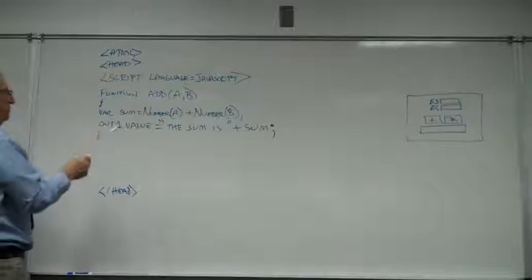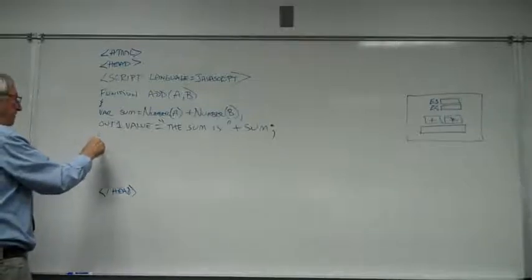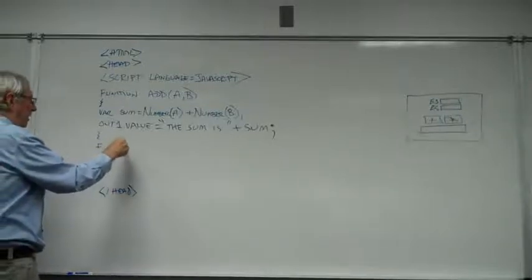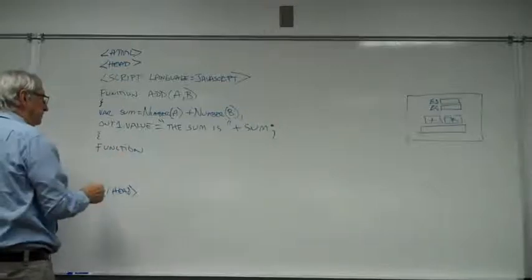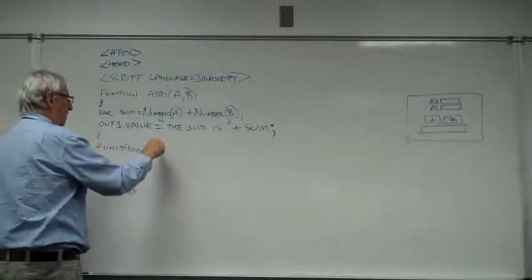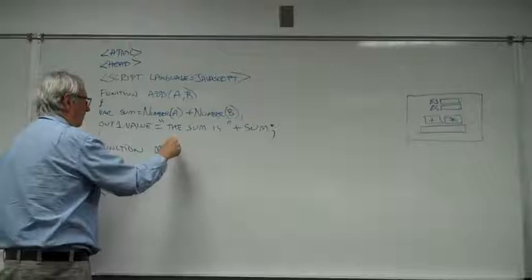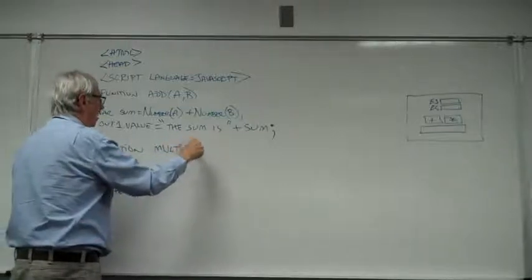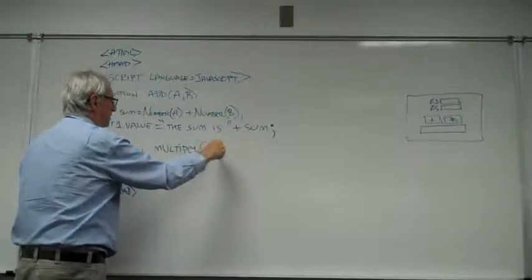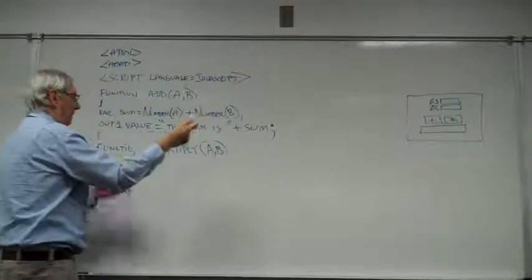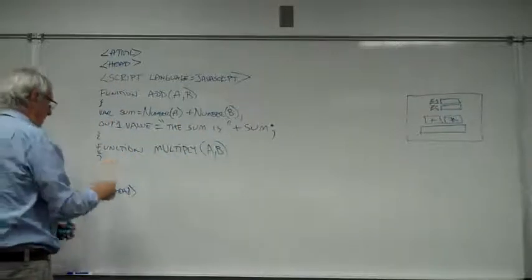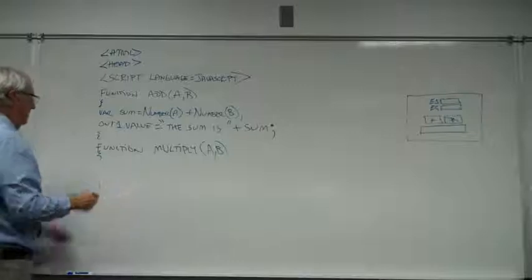Well, let's do the multiply function. So you have another function, completely different one, and call it multiply. Set up A and B still. They're the same letters really. Function.